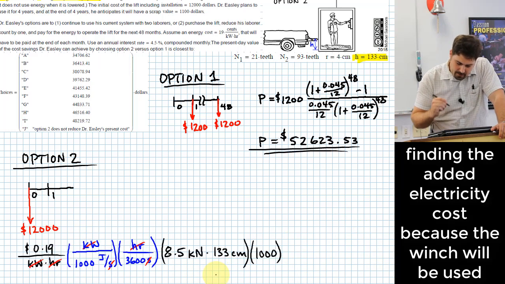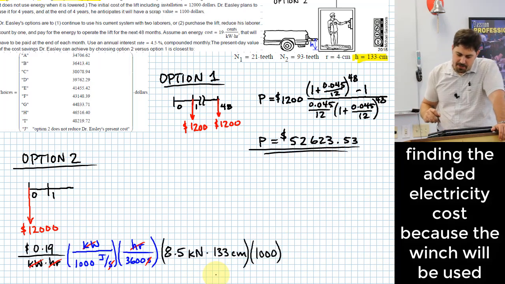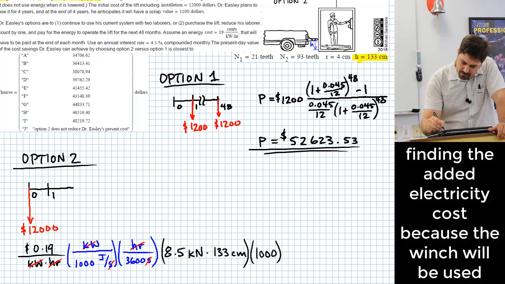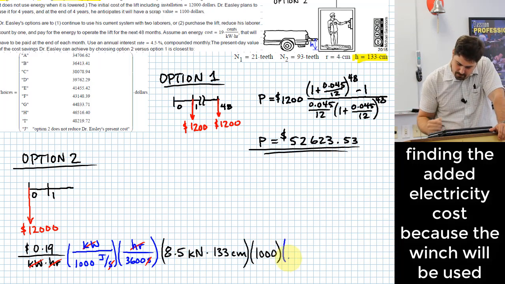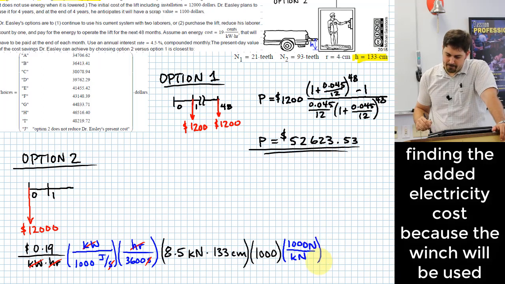Okay? Now, in order to get all the units to jive, what should I do? Should I convert my kilonewtons? 8.5 kilonewtons. Maybe I put kilonewtons down here and put 1,000 newtons up here. Okay. Now what?